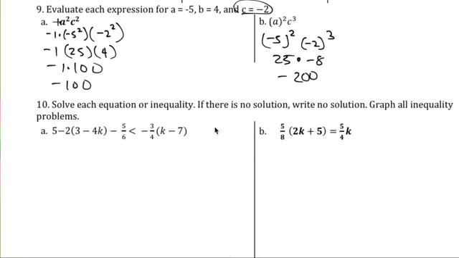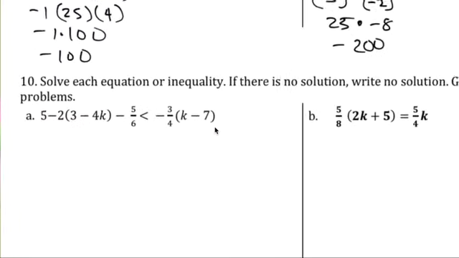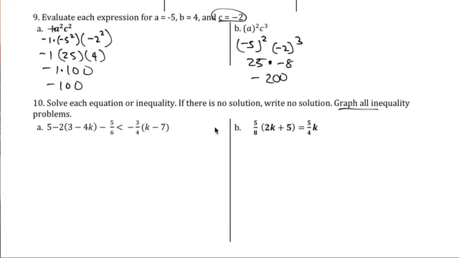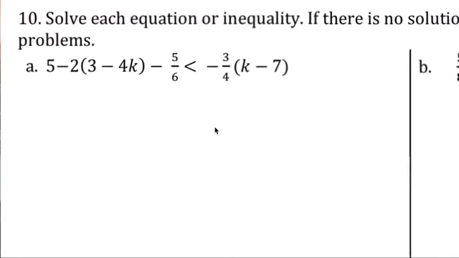Okay, here, solve and graph all inequalities. Make sure you get rid of the fraction. Common denominator is 12.